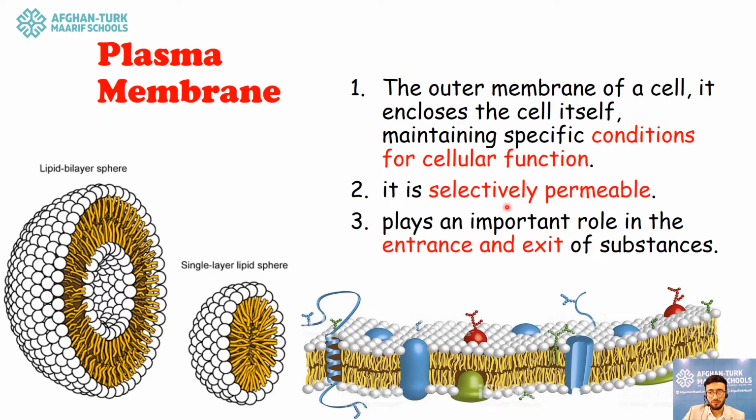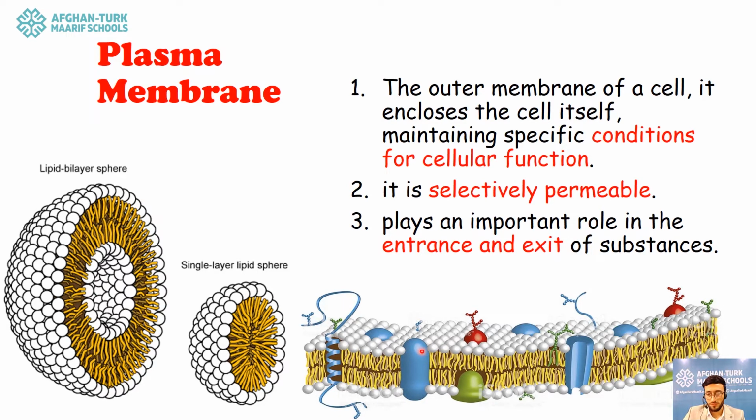Second, it is selectively permeable. Selectively permeable means that the cell membrane or plasma membrane possesses different types of structures, as you see within this picture. You will be familiar with these structures in the next videos. So the selective permeability property is dependent on these structures.